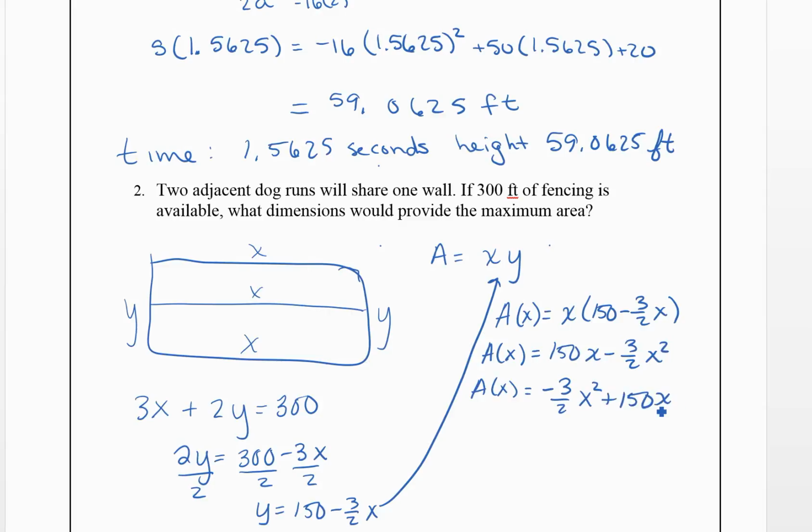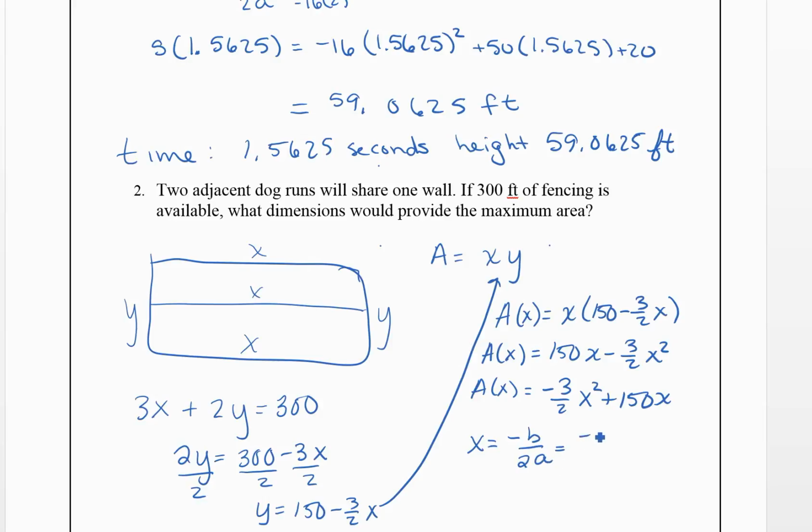So if we want to find our maximum area, first we're going to find our x, which will be our length here, and then we can use that to find our y. To find the x of our maximum, which is just the x coordinate of our vertex, we need to do negative b over 2 times a.